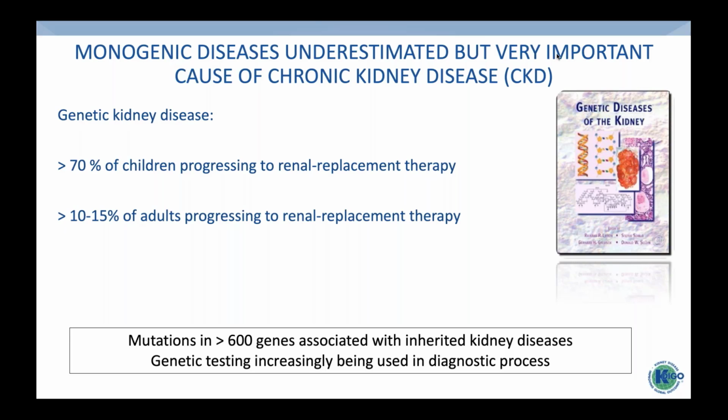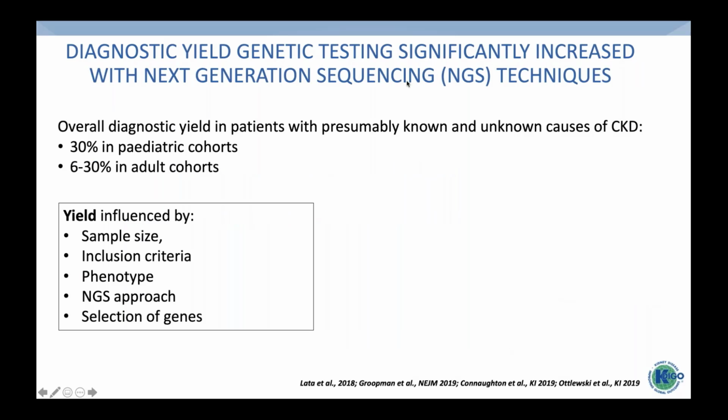And by now, we know that mutations in more than 600 genes are associated with inherited kidney diseases. And we also see that genetic testing is increasingly being used in the diagnostic process of patients with chronic kidney disease. So with the coming of the so-called next generation sequencing techniques, the diagnostic yield of genetic testing has significantly increased.